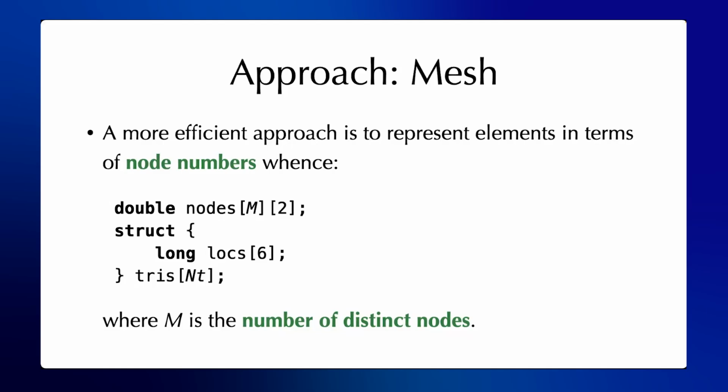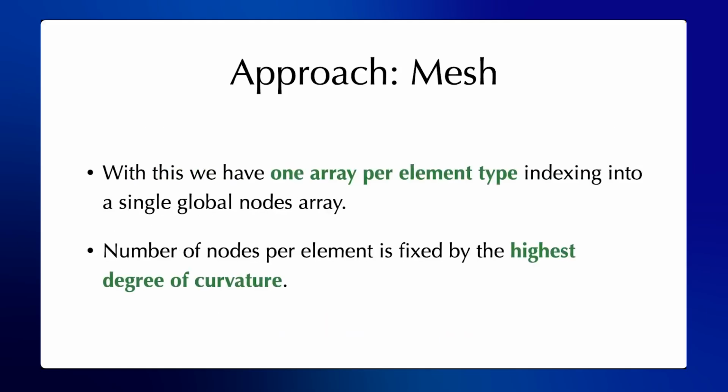Thus, each element is just a collection of integers saying, these are my node numbers, with the ordering conforming to some standard that you predefine. This is arguably a better format because while it does have an extra layer of indirection, it's more compact. And what you effectively end up with here is one array per element type indexing into a global nodes array.